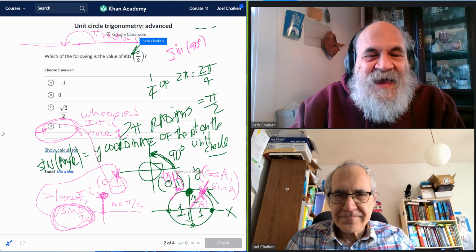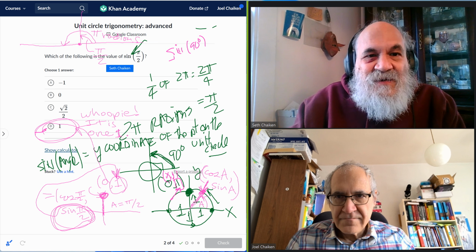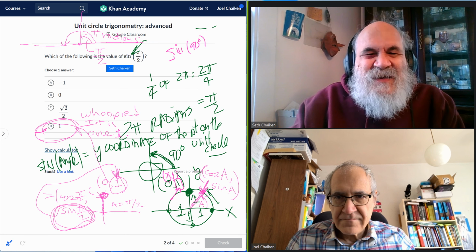And therefore half of the pi radian angle is a pi over 2 radian angle, so this line goes vertically.